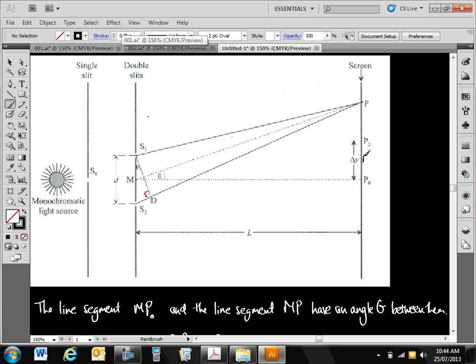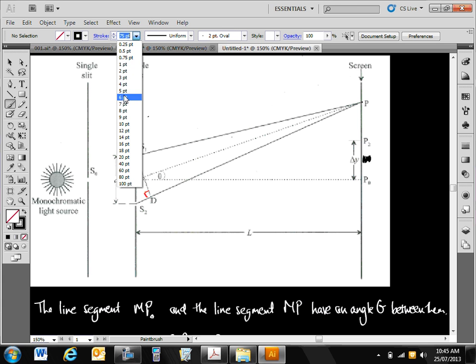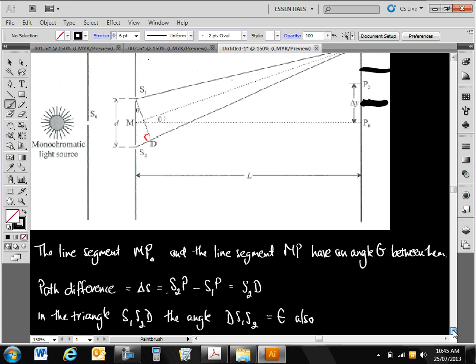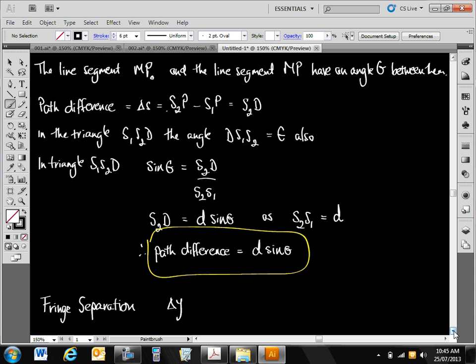This is a dark band, and then we have a dark band here, and this would be a bright band in the center here. Delta y is the distance between the centers of the two bright bands, and so that's measurable, of course, with our micrometers.